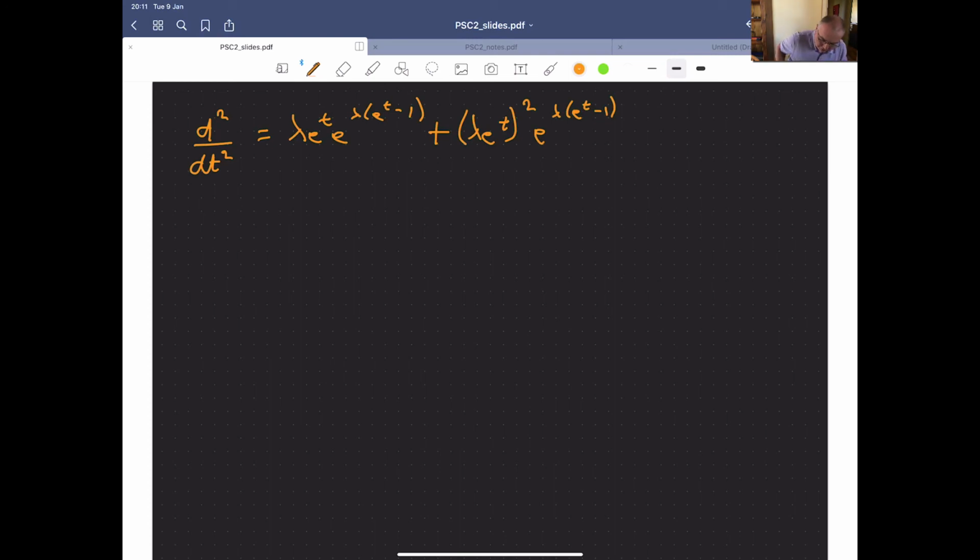Now, as always, you know that I'm usually a bit shoddy and get it wrong, so please check that product rule, but hopefully that works.